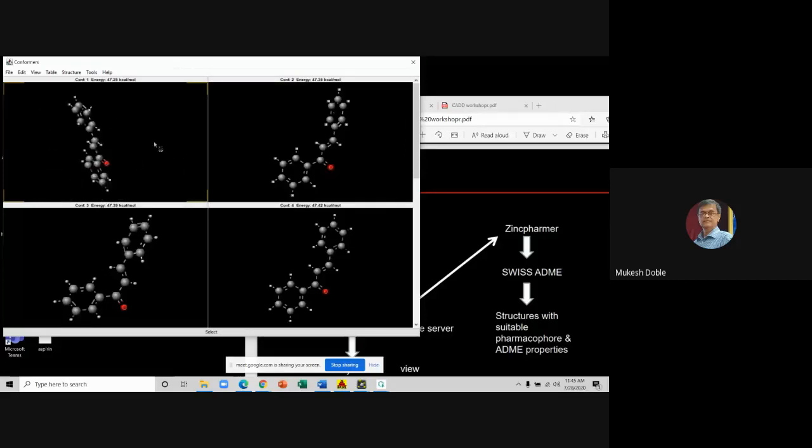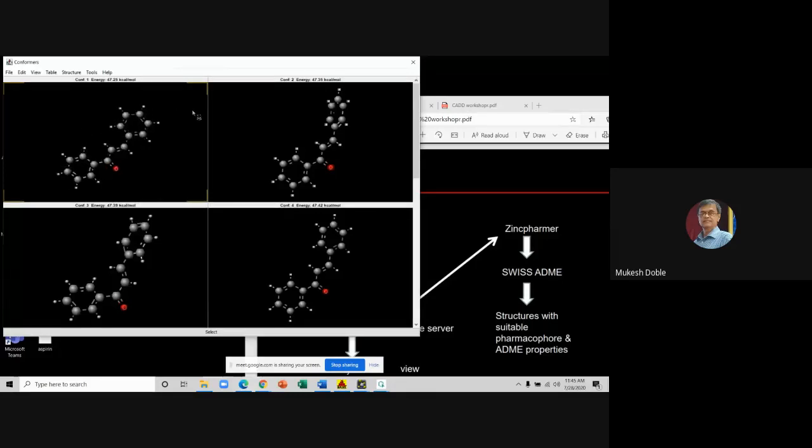Then I can save this file as SDF or mol2 format, and then I can use it for my pharmacophore studies, or later for docking also. Marvin is a very useful software which can do all these calculations.